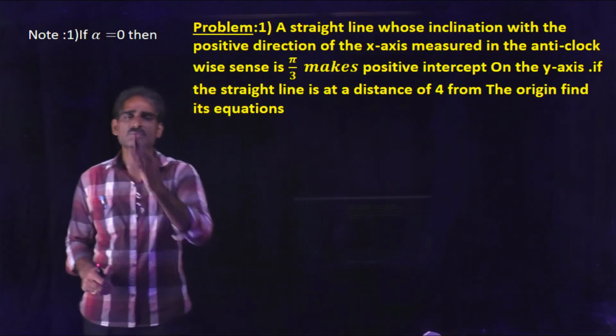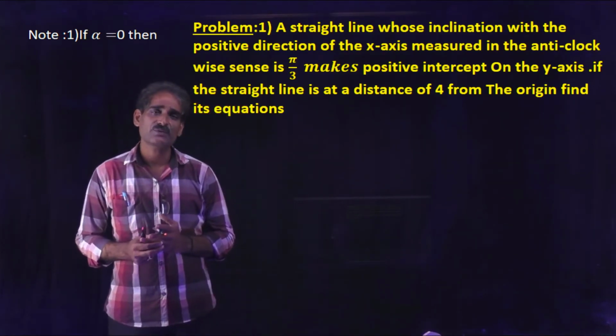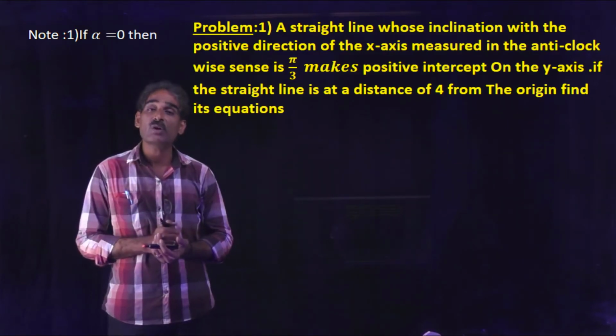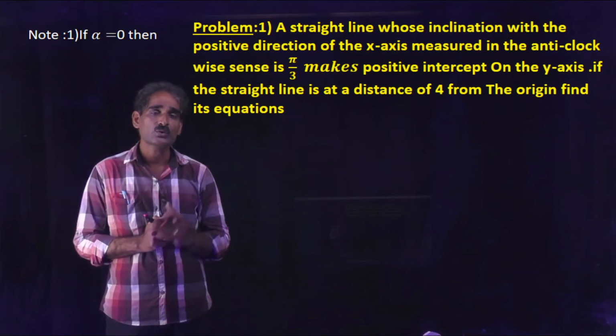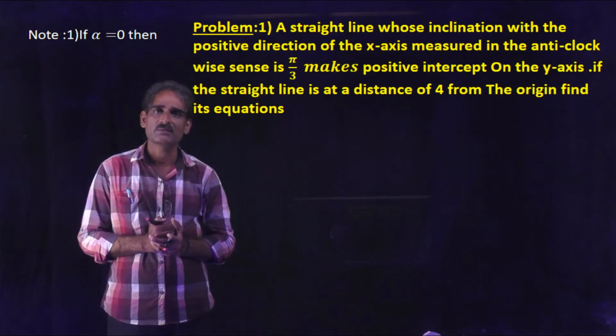So now just observe the formula, the normal form: x cos alpha plus y sin alpha equal to p. Okay, suppose alpha equal to 0, what will happen? If alpha is 0, the normal line coincides with the x-axis. Understand?